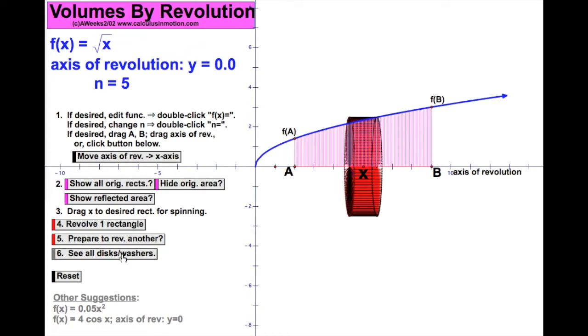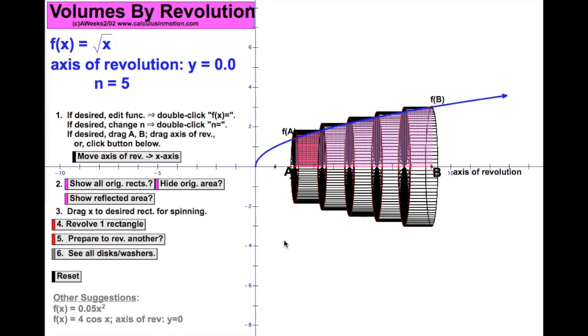If we break down the interval AB into 5 subintervals, for example, we will have 5 cylinders like this, one next to the other, and by adding up the volume of these 5 cylinders, we will find an approximation of the volume, exactly like we used to find approximations for areas with Riemann sum.